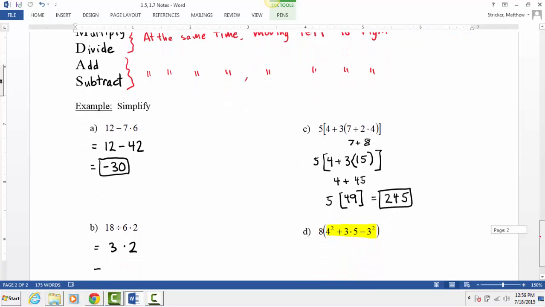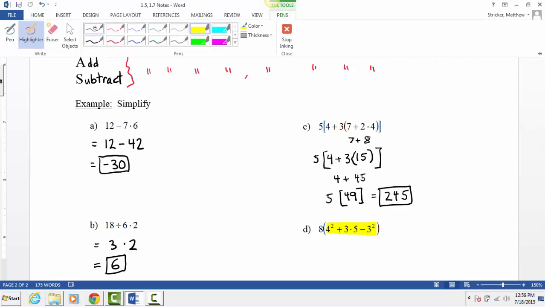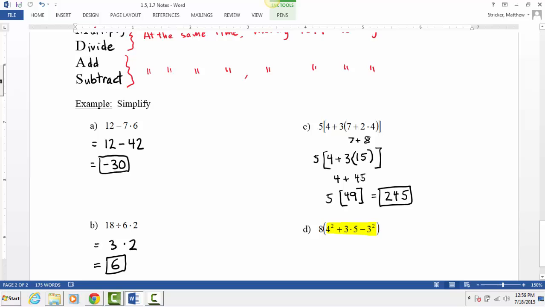Now within that, we need to still follow the order of operations just like we've been doing. And the order of operations say any exponents first. So I need to take 4 squared, which is 4 times 4, or 16. And I also need to take 3 squared, which is 3 times 3, or 9. Everything else stays. So I have plus 3 times 5 minus 9.